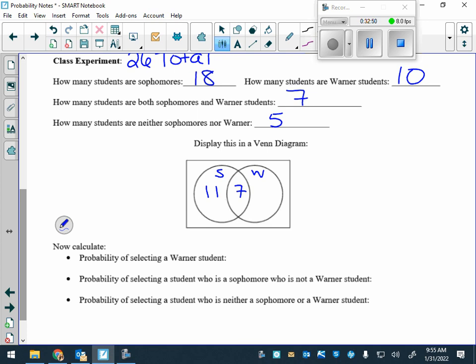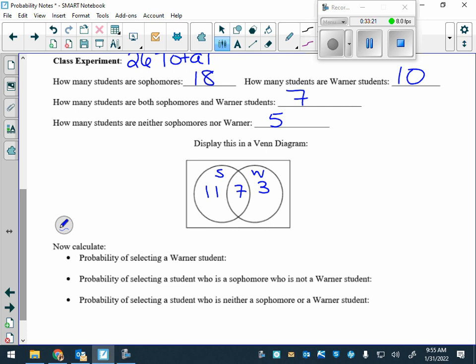How many more? 3, right? Because we have a total of 10 Warner House students here. 7 of them are sophomore and Warner, so there must be 3 of you. Riley, your Warner House, right? Charlie. Who else is Warner House? Just Warner House and Kate. Okay. 3.